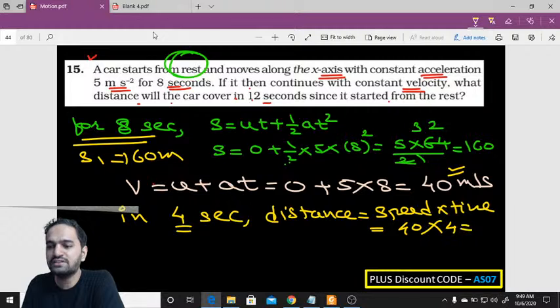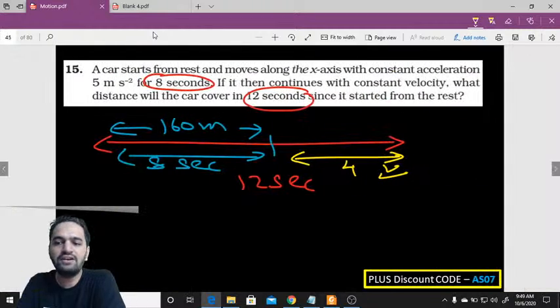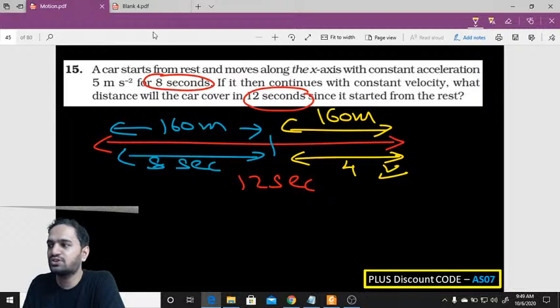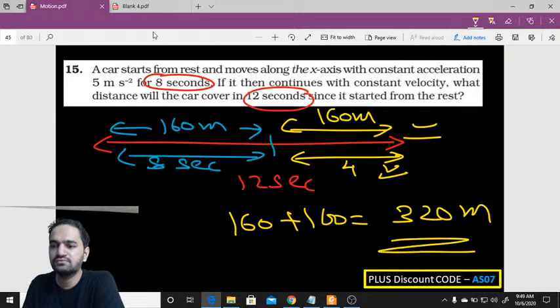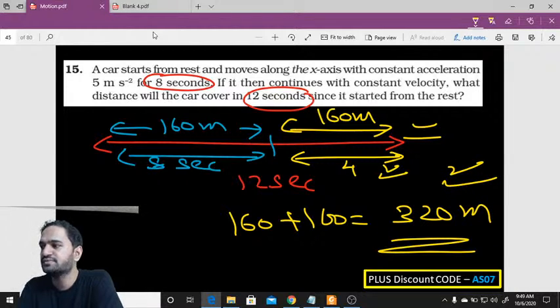So that value would be 160 meters. Initially we travelled 160 meters, and after that also it travelled 160 meters. So total is 160 plus 160, that is 320. Very simple.